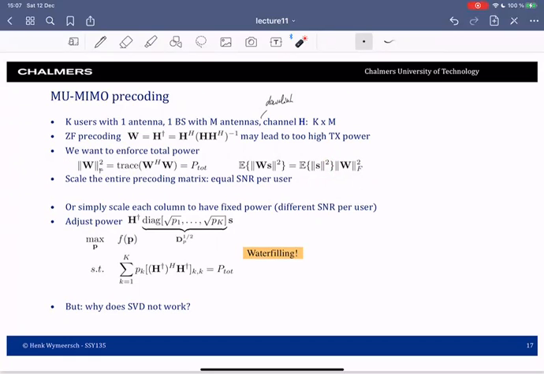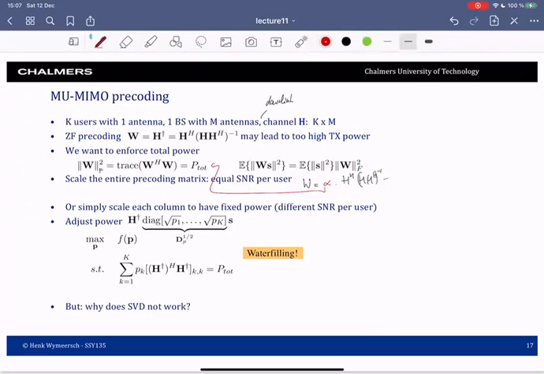One way to do this is to scale, for instance, the whole precoding matrix with a constant. So we will set W equal to a constant alpha times H Hermitian (H H Hermitian) inverse. And then we can choose this constant alpha to make sure that this is met. So this will work, but this will lead to probably equal SNR for all of the users.